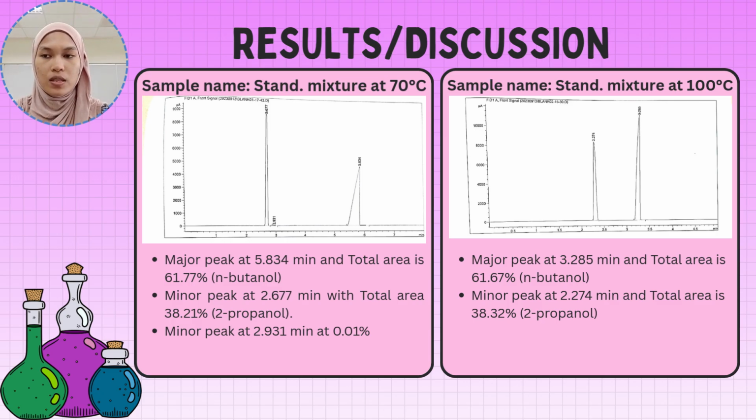There were two peaks: 2.27 minutes with 38.32% area, which is 2-propanol, and 3.285 minutes with 61.67% area, which is N-butanol.